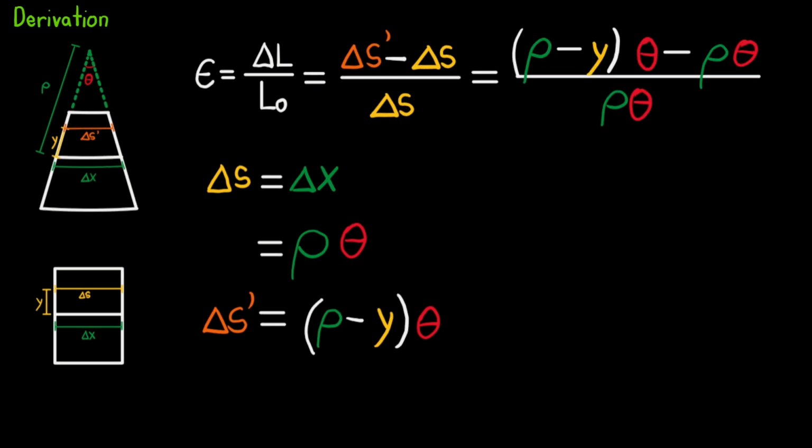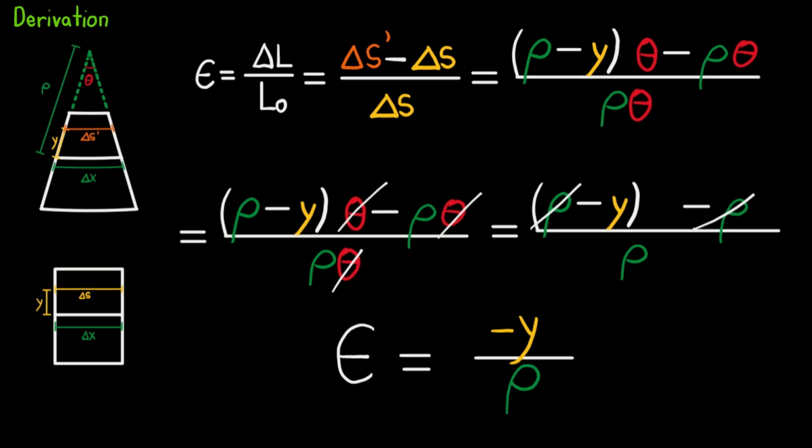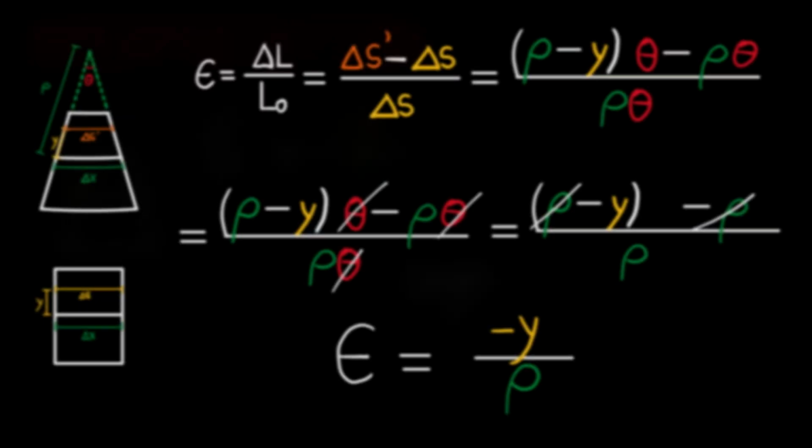If we substitute this into the formula above, the thetas cancel out and so do the rhos in the numerator. This leaves us with the formula epsilon is equal to negative y over rho. This is the mathematical result of the experiment, which serves as the fundamental equation of beam equations.